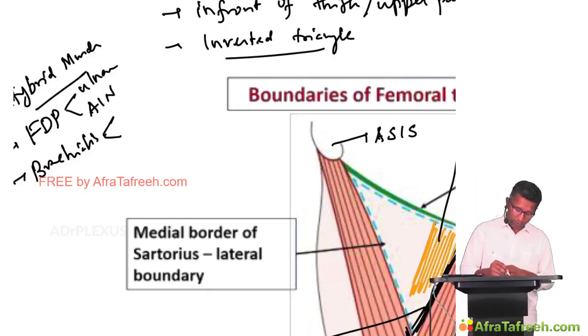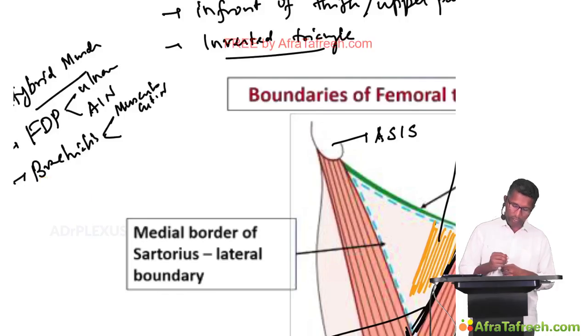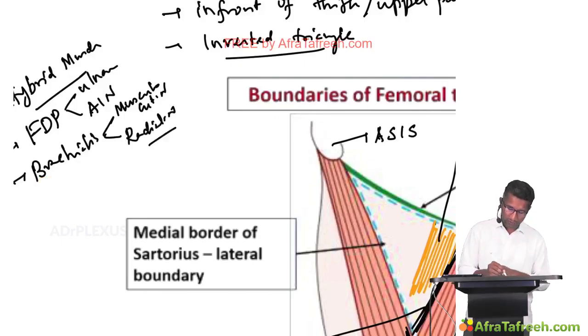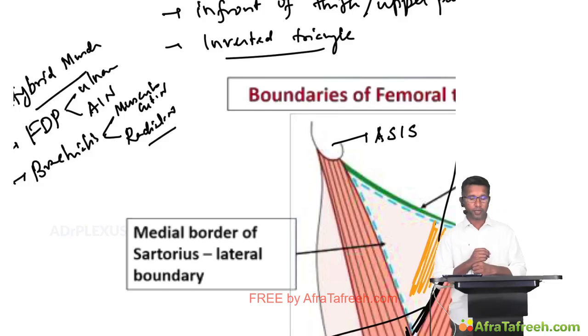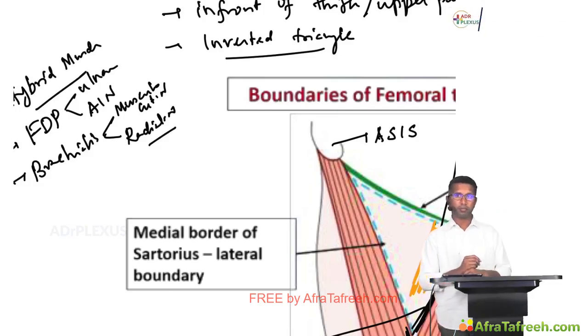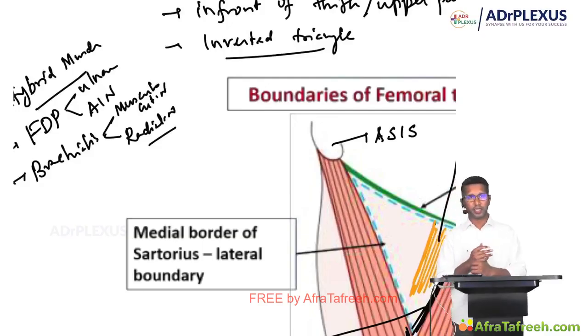It is supplied by two nerves. One is the musculocutaneous nerve, and the other nerve which supplies brachialis is the radial nerve. Yesterday we didn't see this, so now you can add this to the radial nerve in the arm. It also supplies the brachialis muscle.